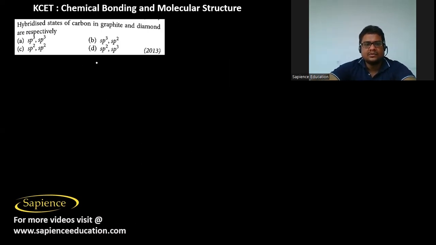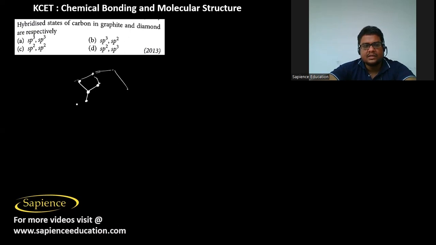Then here it is told that the hybridized states of carbon in graphite and diamond are respectively. In graphite, each carbon atom is covalently linked with 3 other carbon atoms in the same plane.